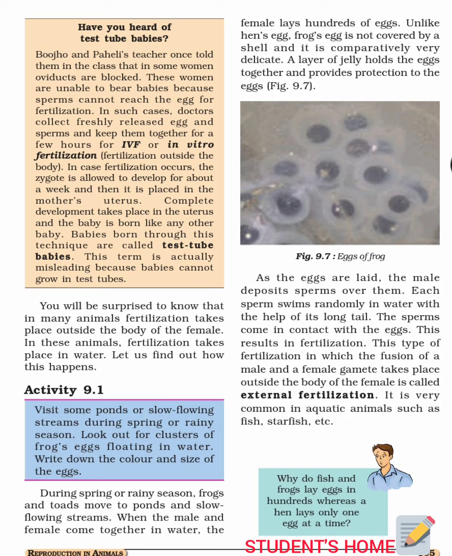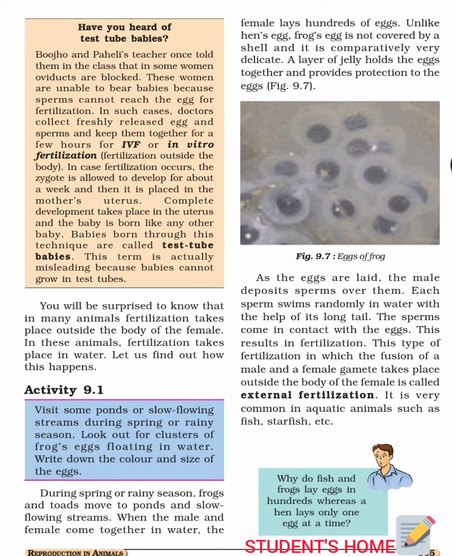During spring or rainy season, frogs and toads move to ponds and slow flowing streams. When the male and female come together in water, the female lays hundreds of eggs. Unlike hen's eggs, frog's eggs are not covered by a shell and are comparatively very delicate.